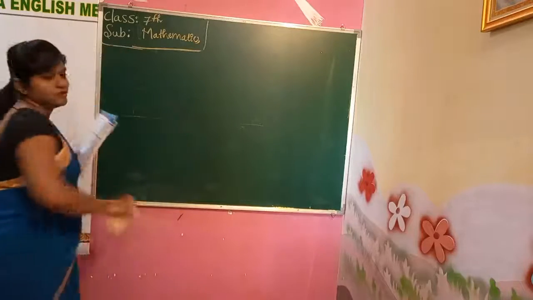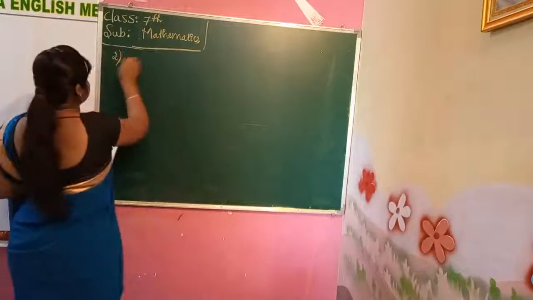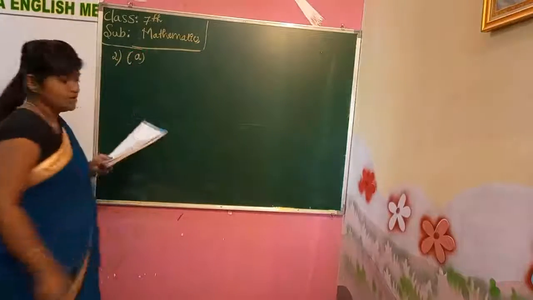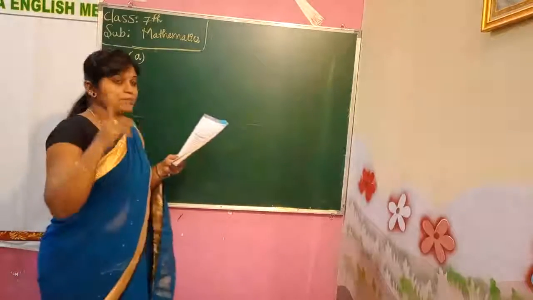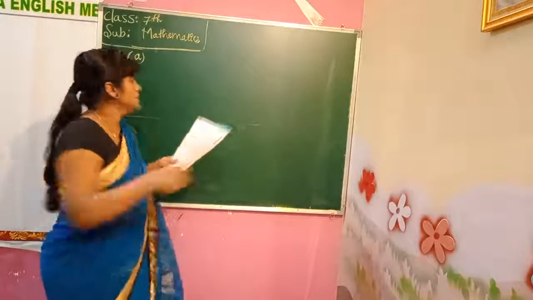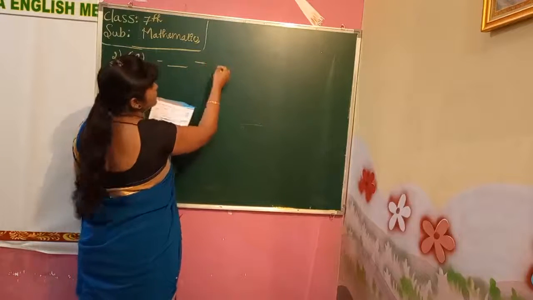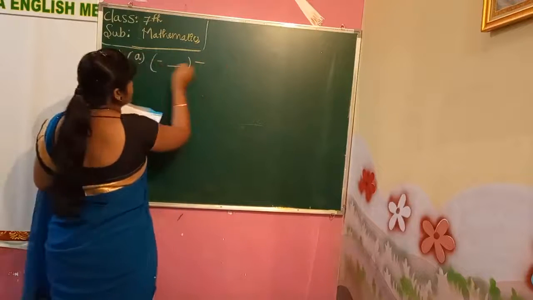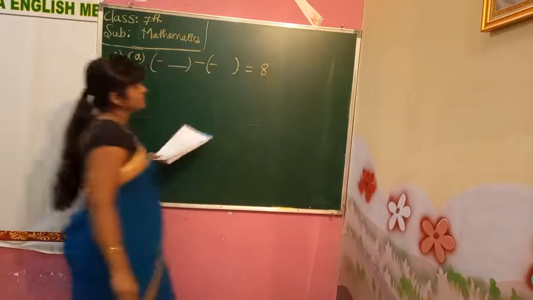Second main, A problem. They are telling a pair of two negative integers. Take a negative integer here, the middle is also minus, and this is also negative. The answer will be 8.